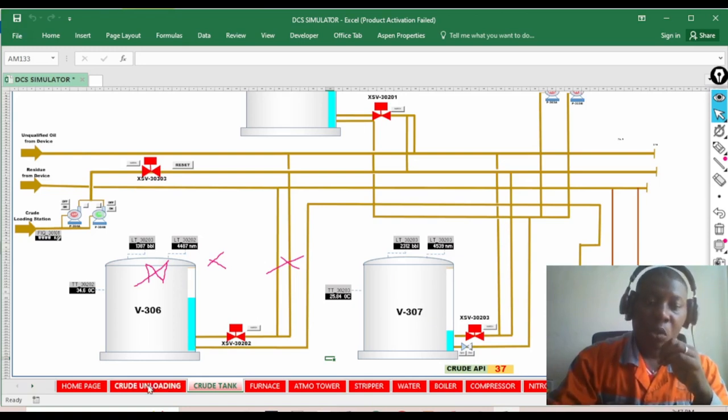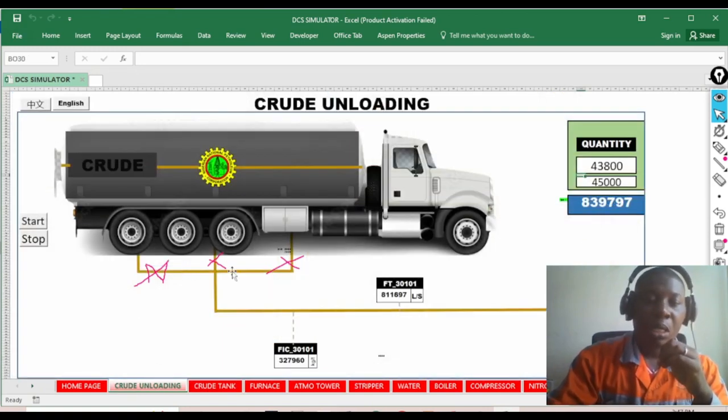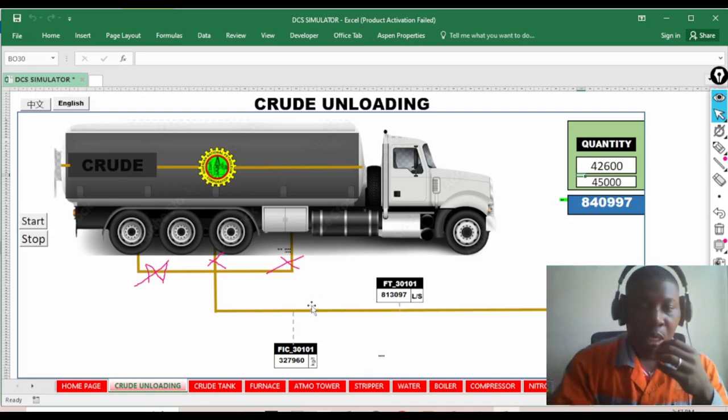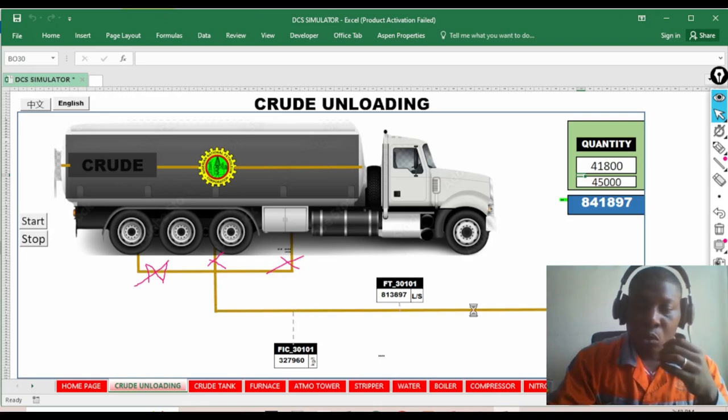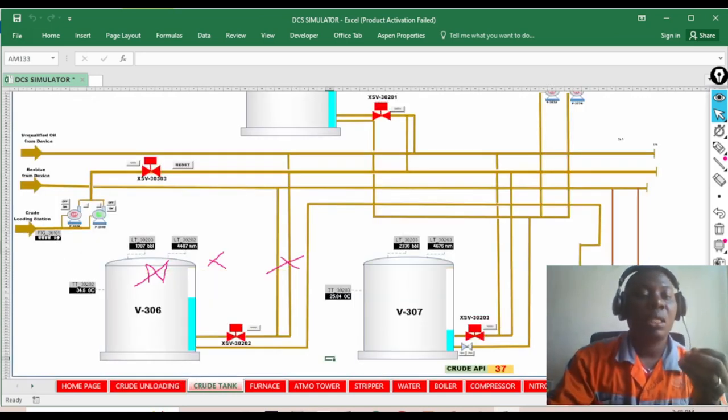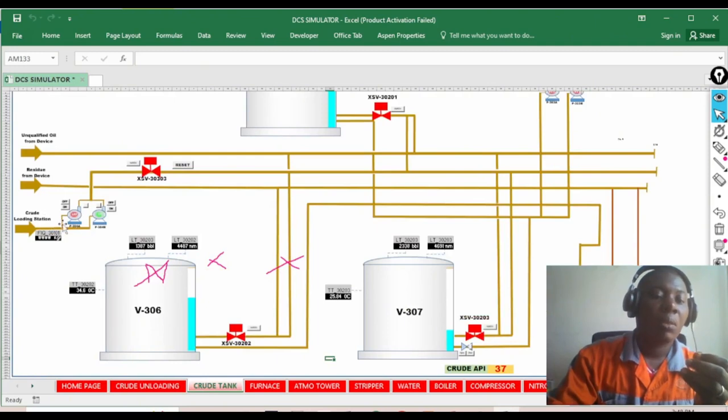Now all of a sudden an operator closes these 3 valves. Okay, what is going to happen? Now what will happen is that at some point there will be no crude on this line. So if there is no crude on the line, it means it will get to a point where the suction of the pump will be dry, it will be empty.